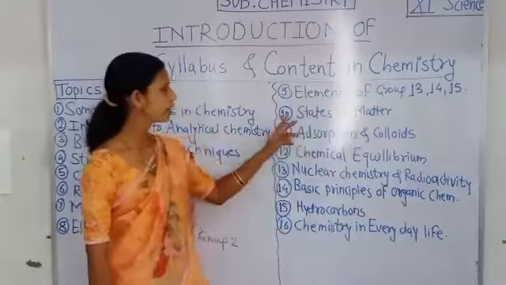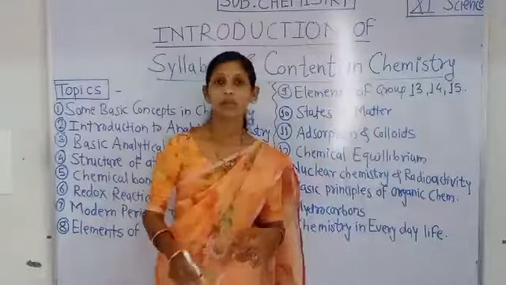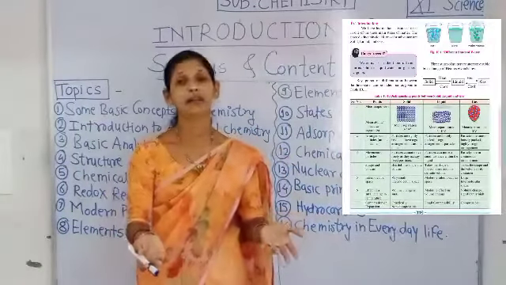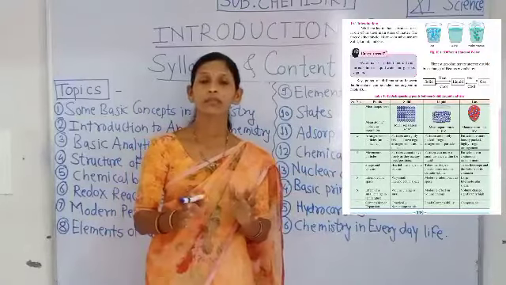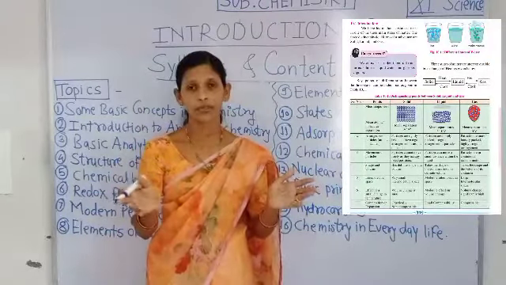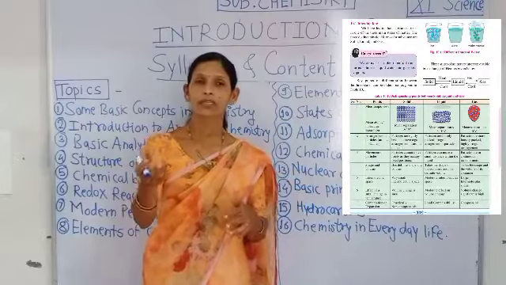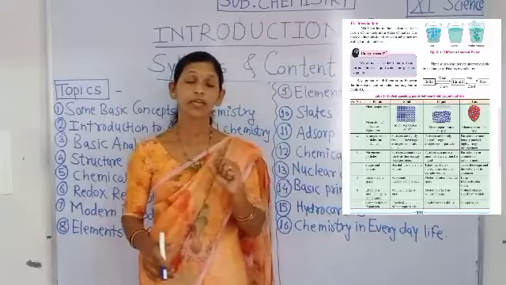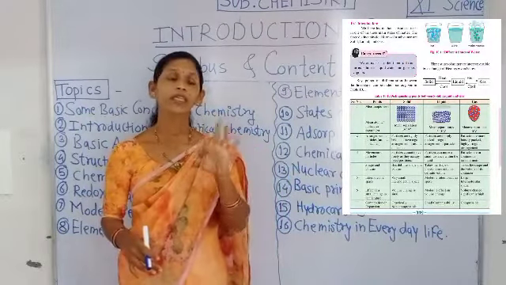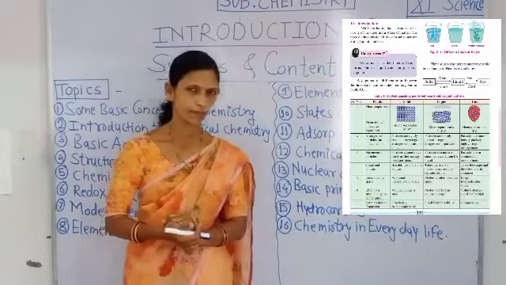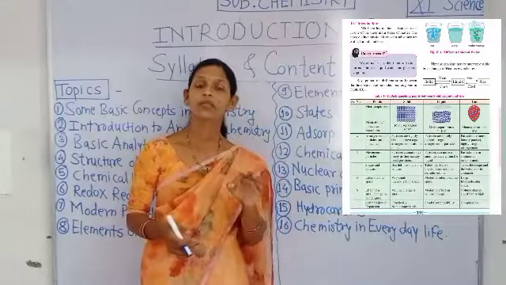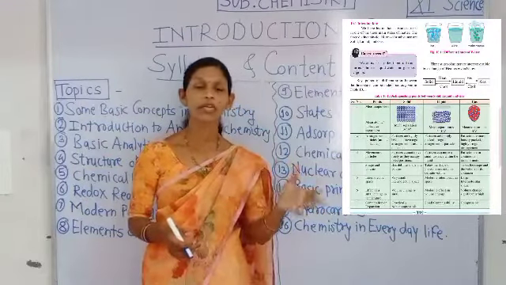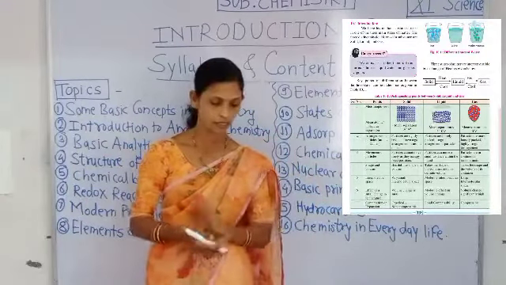Then the next chapter, that is states of matter, that is substance, padartha, and states, avastha. Matter is of different types, which I have already discussed. There are generally three states of matter: solid, liquid or gaseous state.